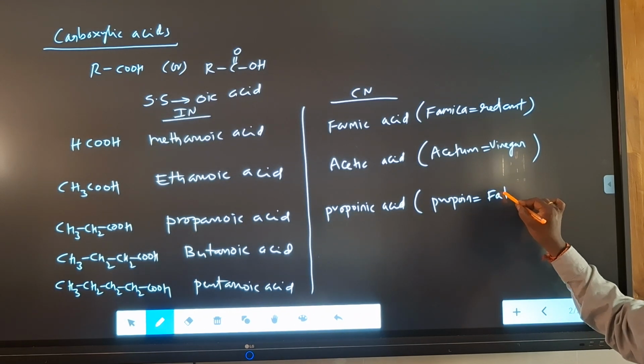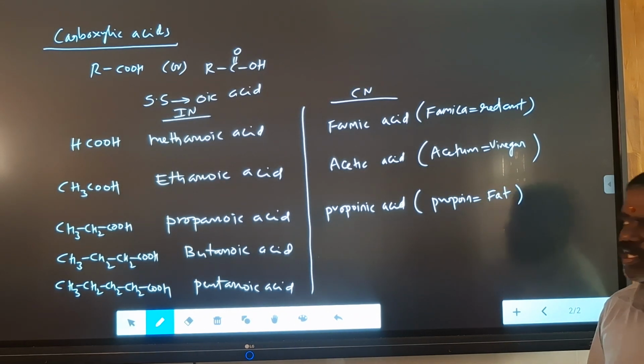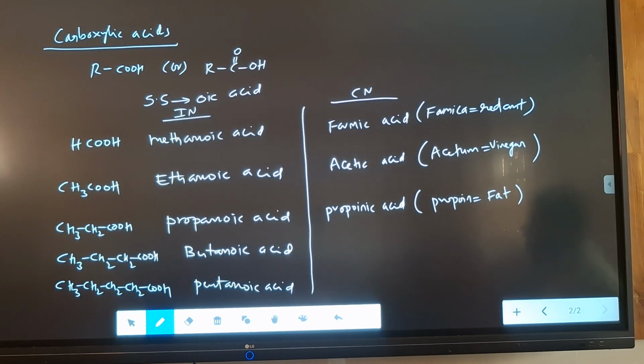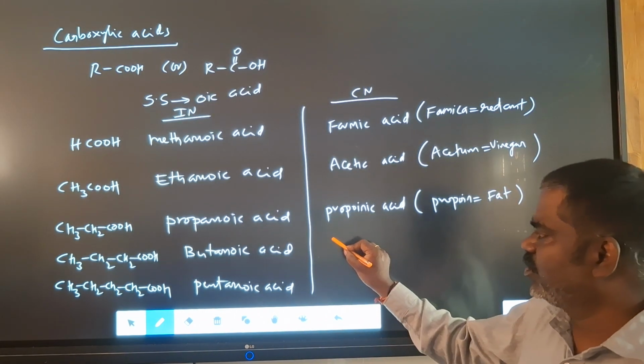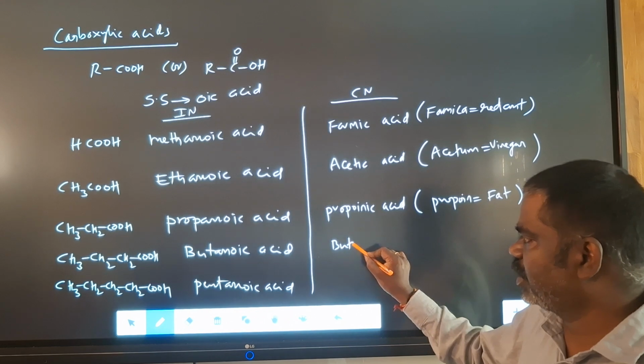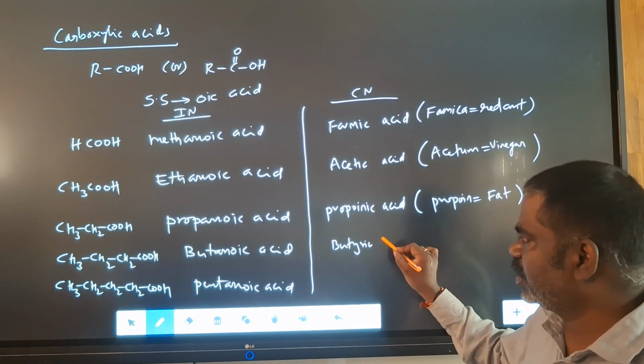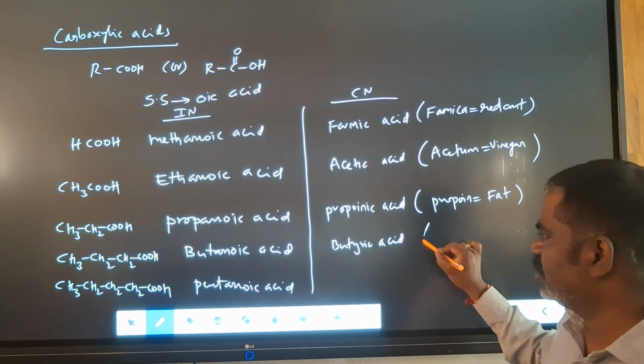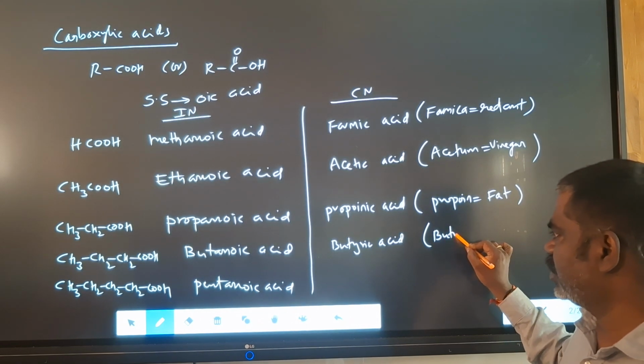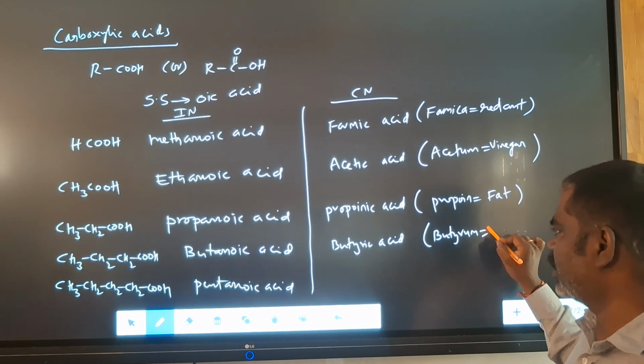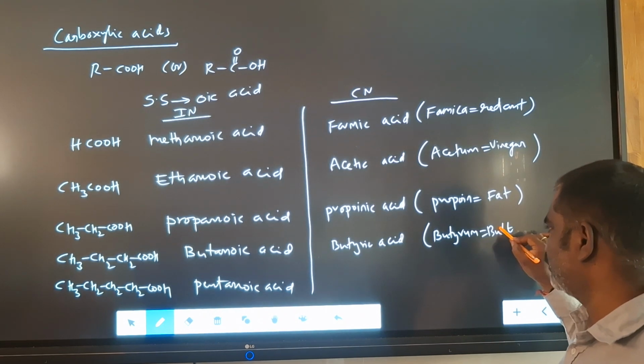It is obtained from fat, and it is called propionic acid. With 4 carbons, the common name is butyric acid. Butyrum means butter.